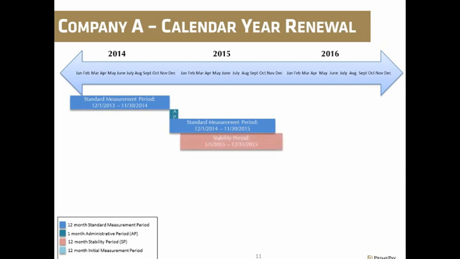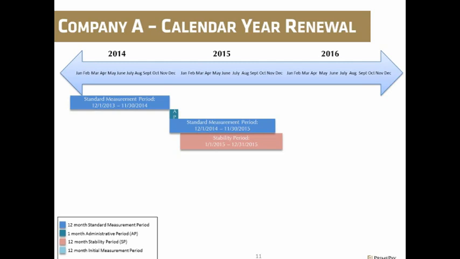After each standard measurement period and the administrative period, they will go through their stability period. The stability period runs from 1/1/2015 through 12/31. Whoever had the ability to enroll in coverage as of 1/1, regardless of the hours worked in 2015, would have to continue their coverage throughout the entire stability period.